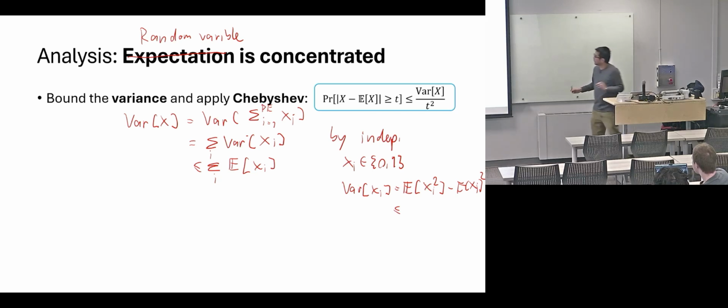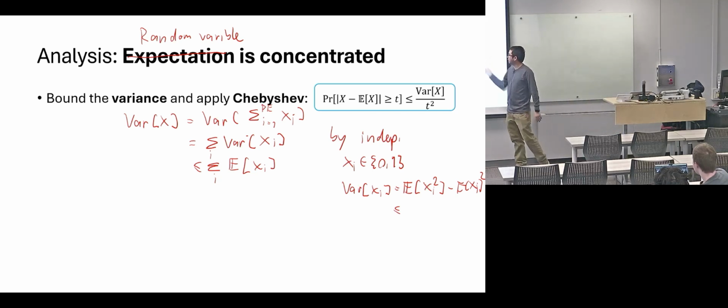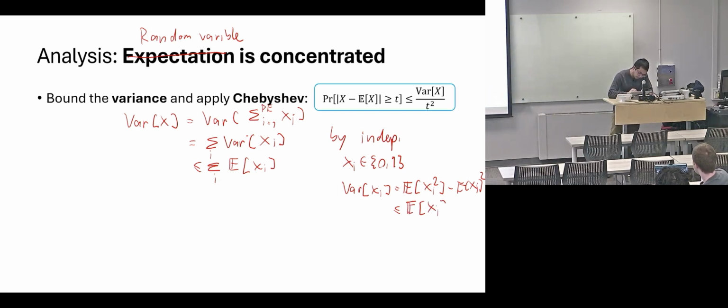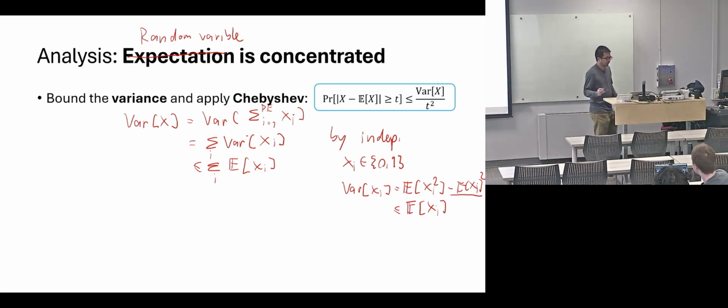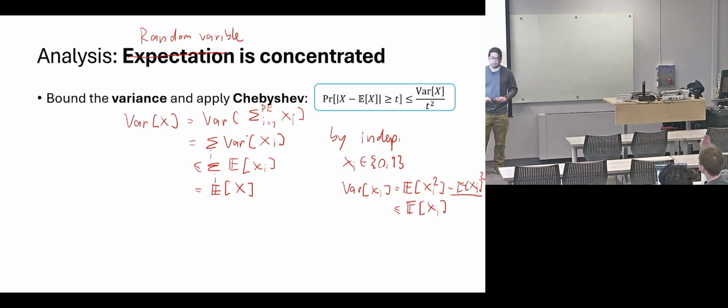But xi square, when it's 0, 1, is just the same as xi. So this is xi, and this is something positive, and it's minus, so I can just ignore it. So at least it means that the variance of x is at most the expectation of x. This is what I want to show.